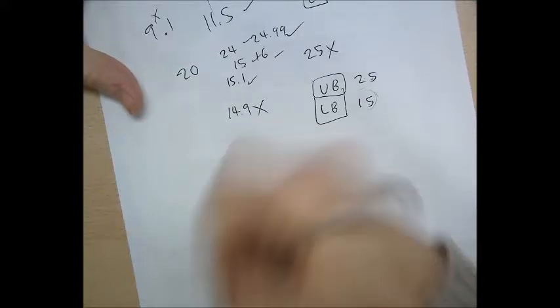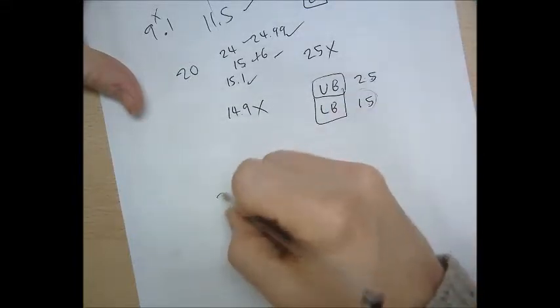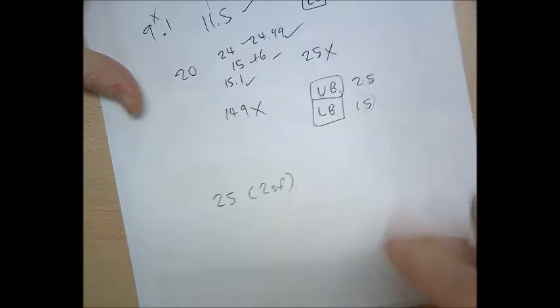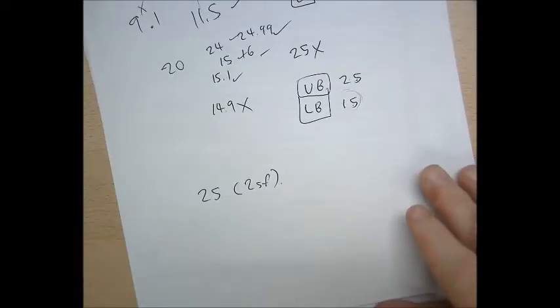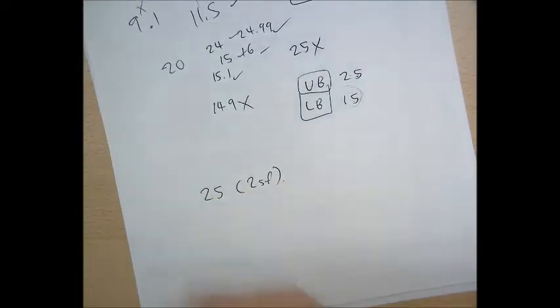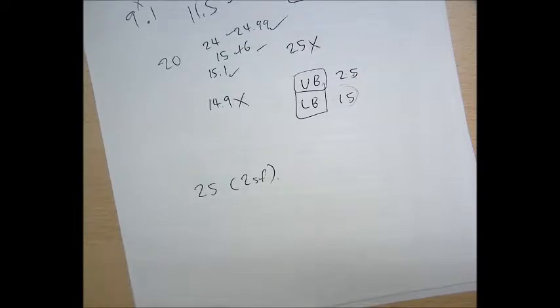I don't know, 25 to two significant figures? Okay. Well, what you do is this. You imagine that this is the figure in the actual world. Somebody's reported to you that they got 25 meters or whatever.